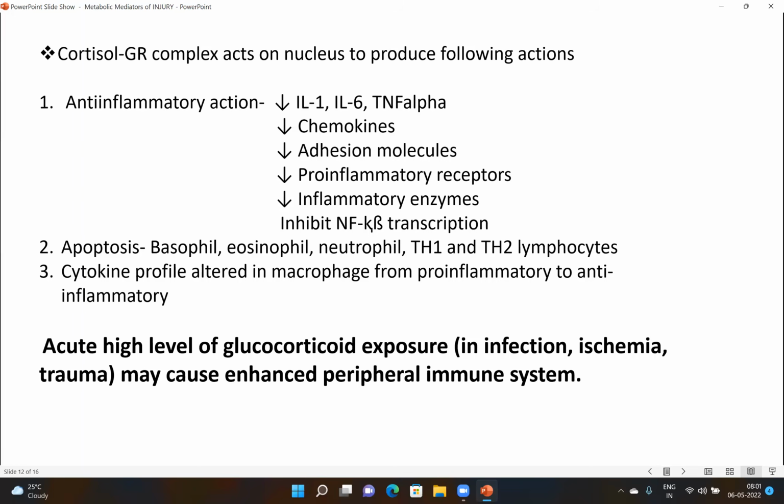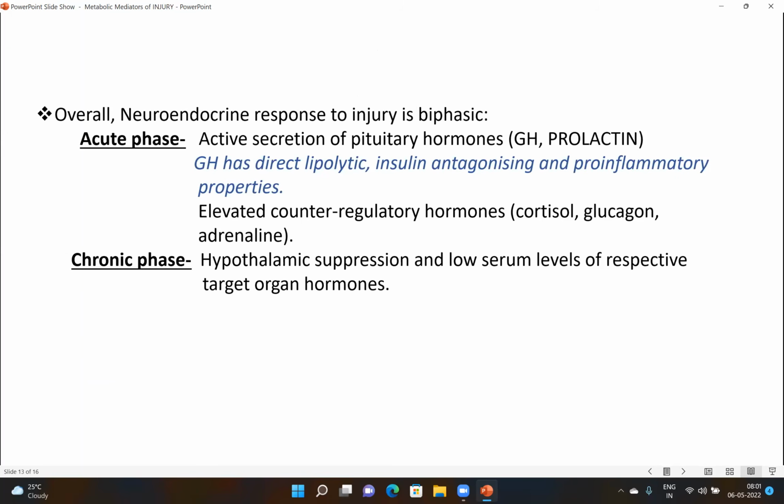Now, acute high level of glucocorticoid exposure, as in infection, ischemia, trauma, can enhance the peripheral immune system. Neuroendocrine response to the injury is biphasic. In acute phase, there is active secretion of pituitary hormones like growth hormone and prolactin, and counter-regulatory hormones are increased, like cortisol, glucagon, and adrenaline.